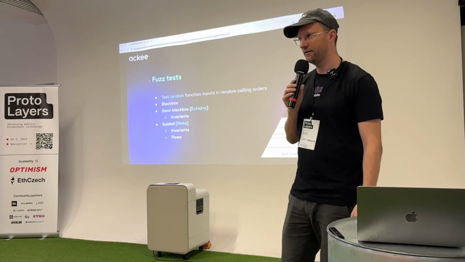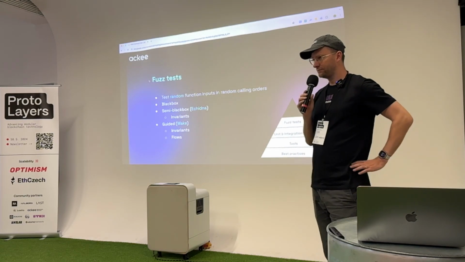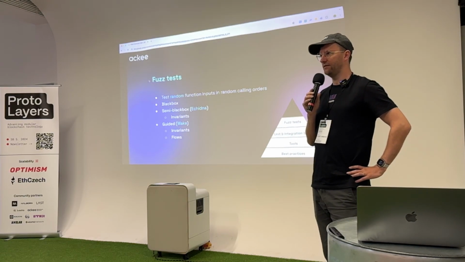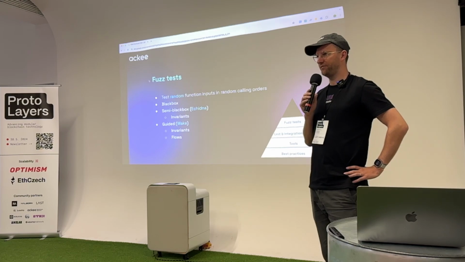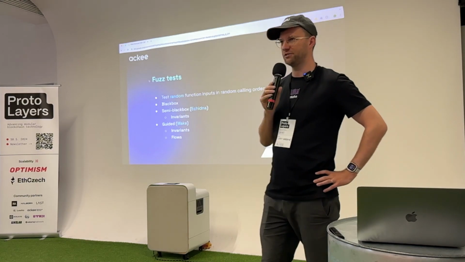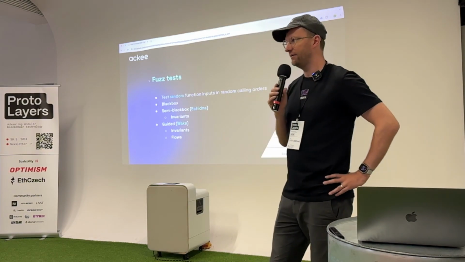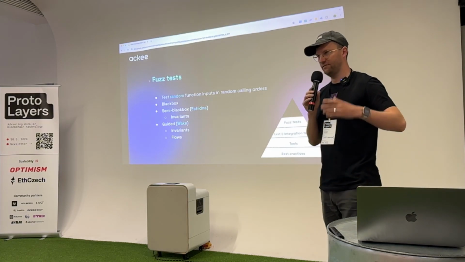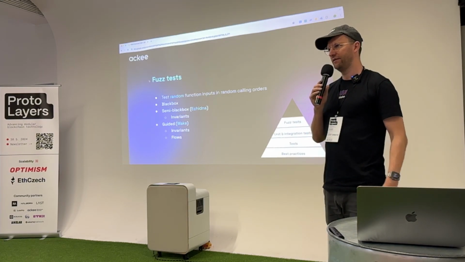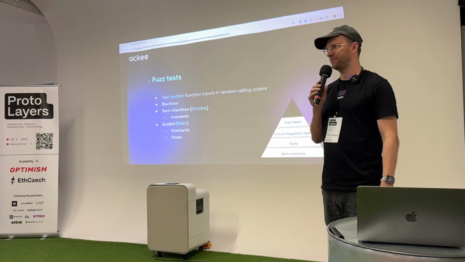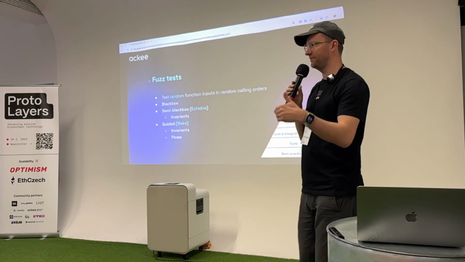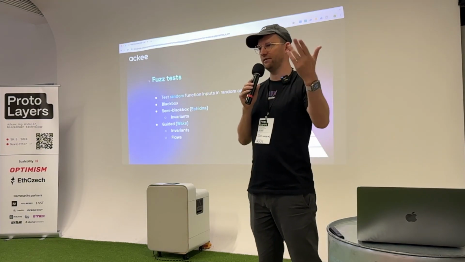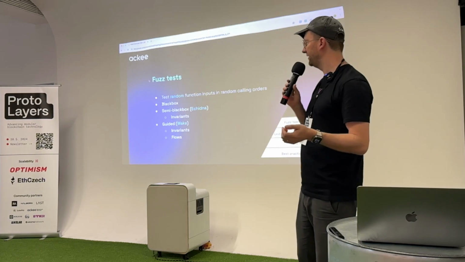And this is something I would say very few developers do, but still developers can do it themselves. It's about fuzz testing. So fuzz testing is a technique basically where you try all possible inputs on all possible functions in all possible orders. But the problem is that this is so-called black box fuzz testing. It takes ages because the smart contracts are complex. So the fuzzer may never finish fuzzing because there are so many possible combinations.